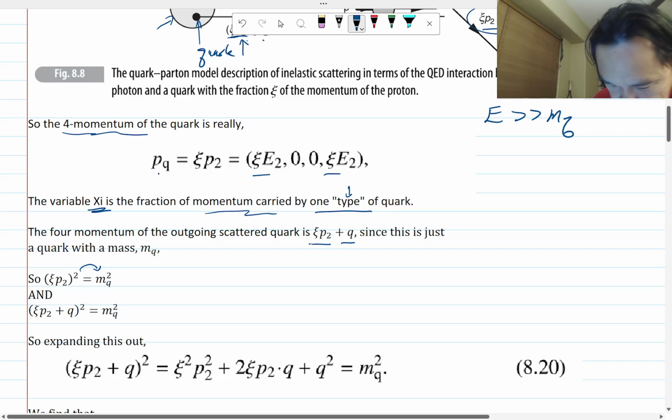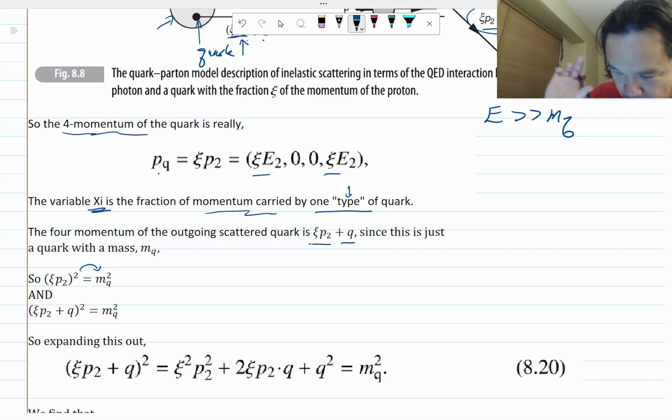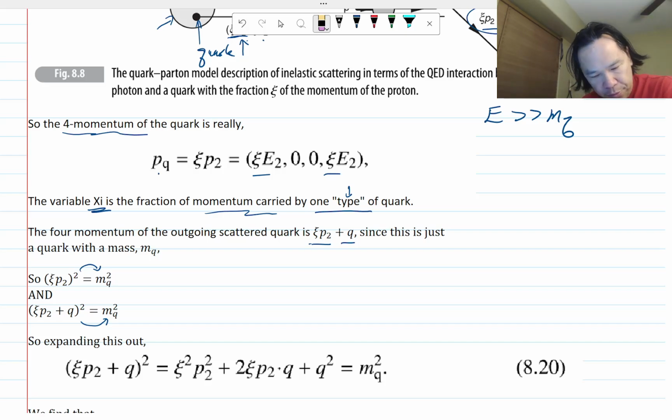That's what that says. And since this particle is also treated as a free particle that's being scattered off, xP2 plus q, when you square that four-momentum, you also get the mass of the quark squared.